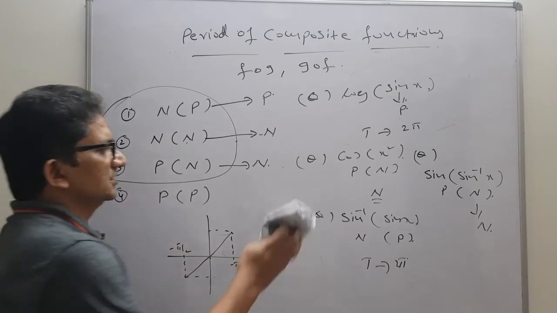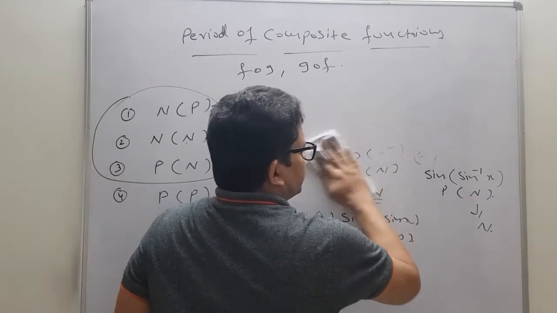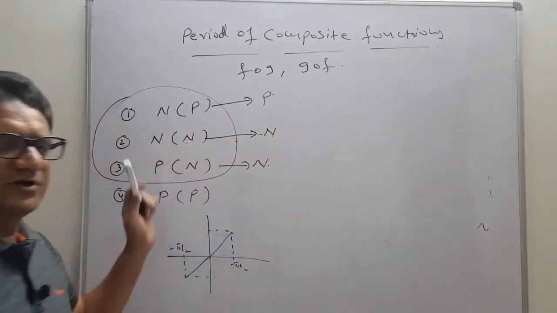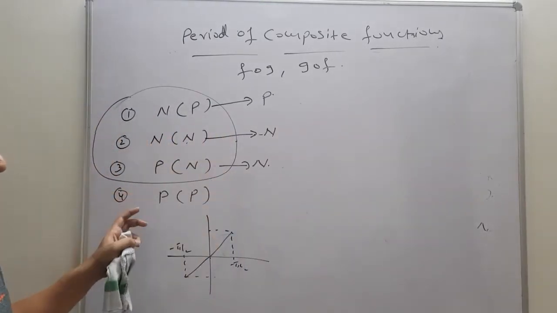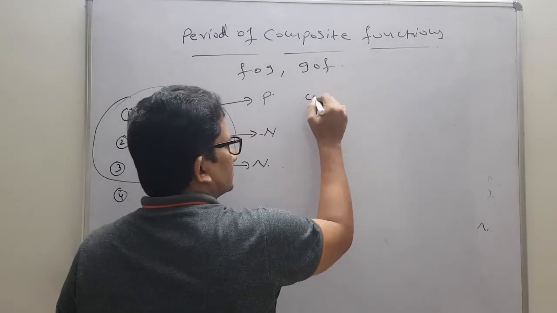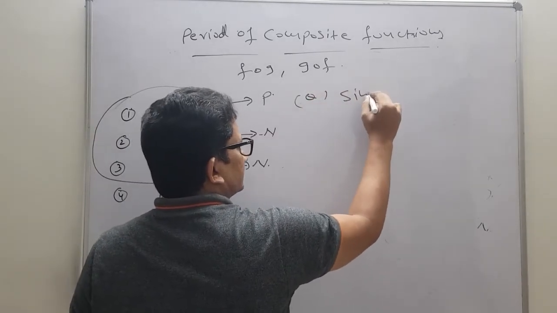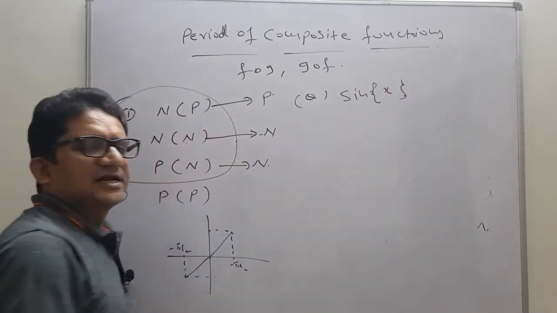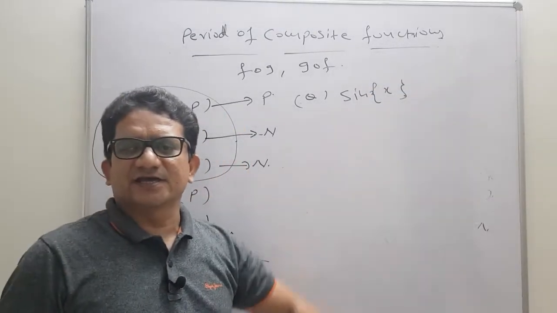Now see, students, the fourth situation, when we have periodic inside periodic. In one particular case, no problem. For example, a question: sin of the fractional part of x.